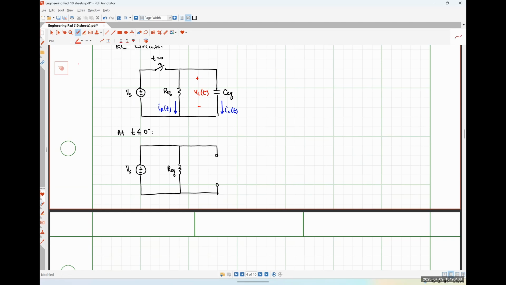Let's say that this is VC at 0 minus, IC at 0 minus, IR at 0 minus, and we can hopefully see very easily that VC at 0 minus is just going to be VS. And from this, the energy stored by our capacitance is going to be 1/2 CEQ times VS squared. Okay.